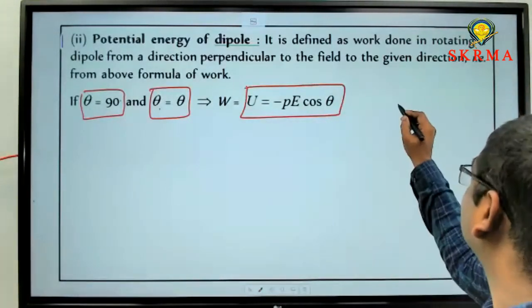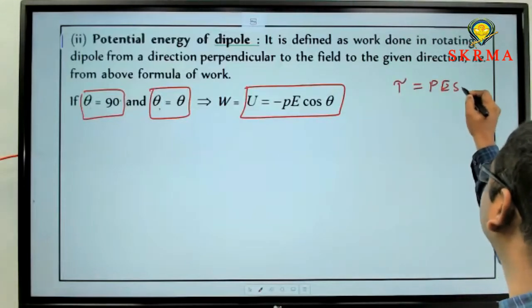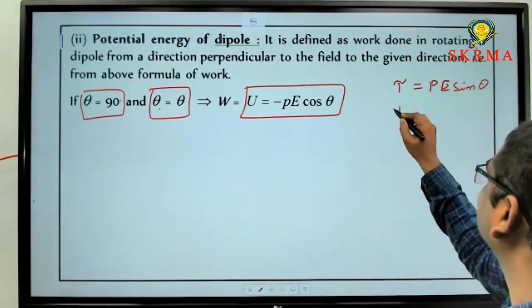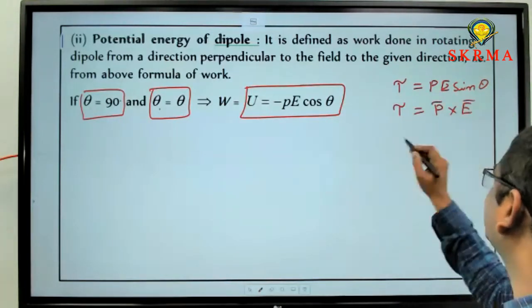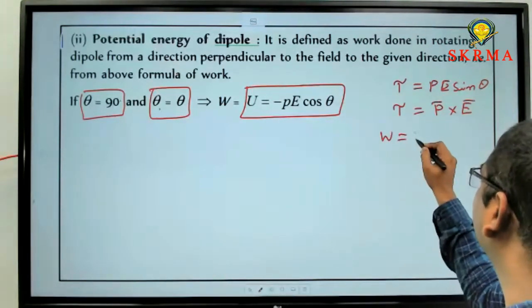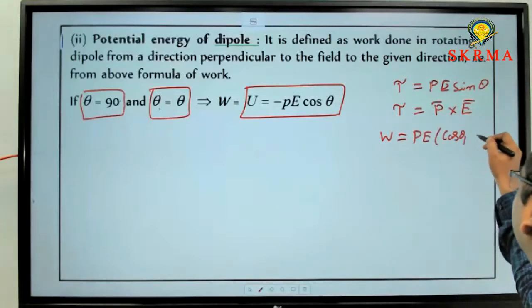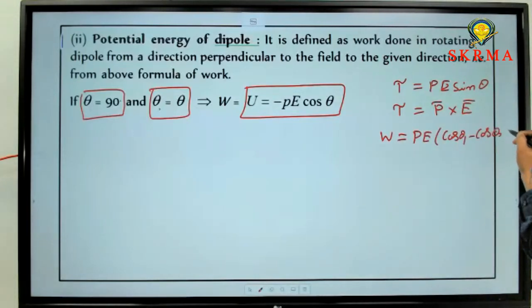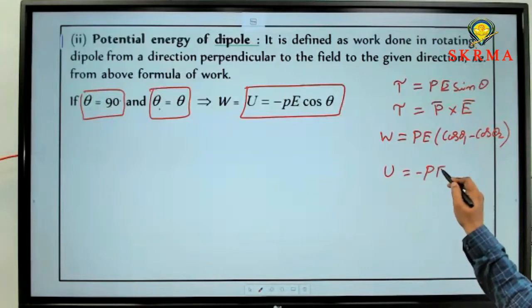What is the formula for torque? Torque formula is PE sin theta, or torque equal to P bar cross E bar. Next, work done formula is PE cos theta 1 minus cos theta 2: initial angle, final angle. Next, potential energy is minus PE cos theta.